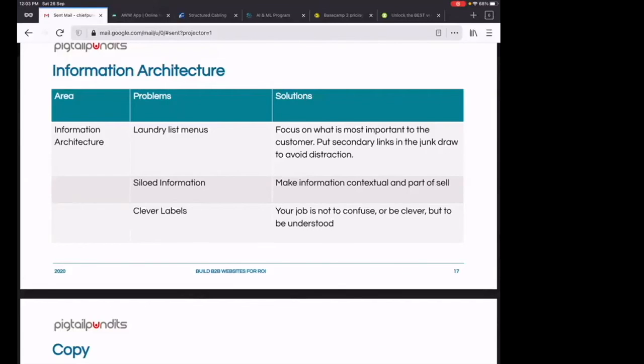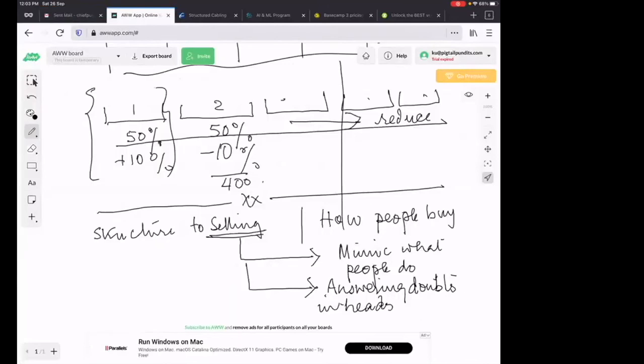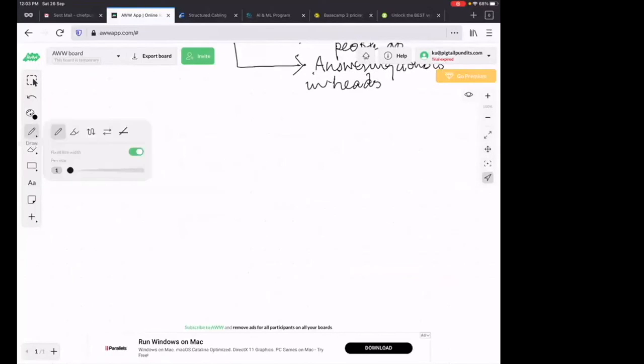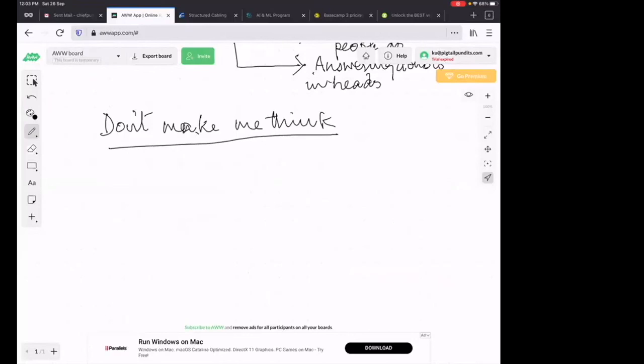In fact, there is a great book on websites which says, "Don't make me think." Nobody comes to your website to think, or to invoke some Sherlock Holmes powers to figure out what this is all about.